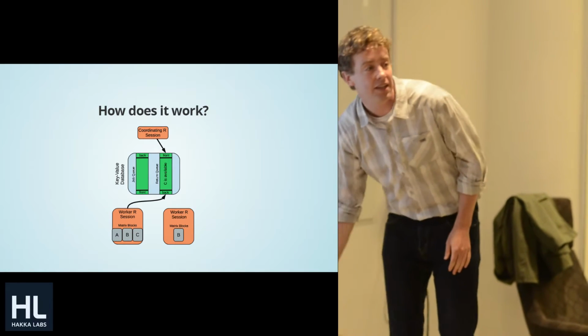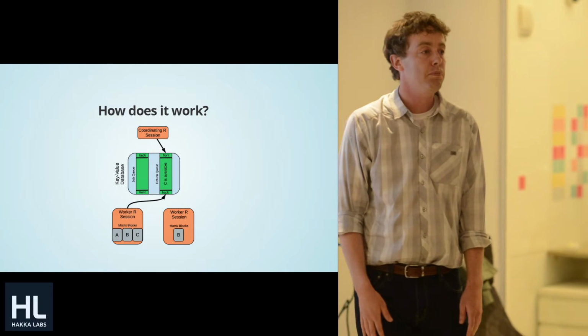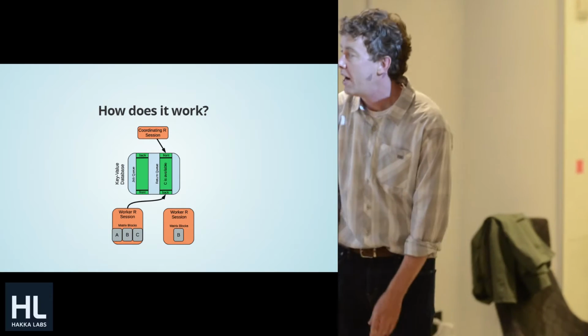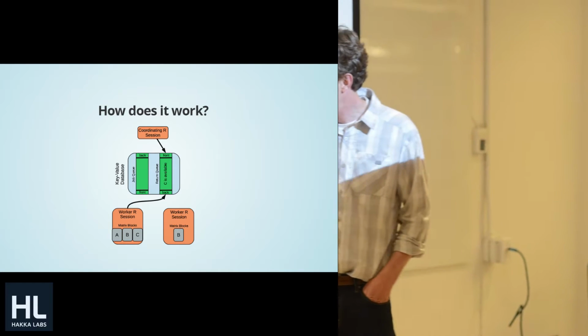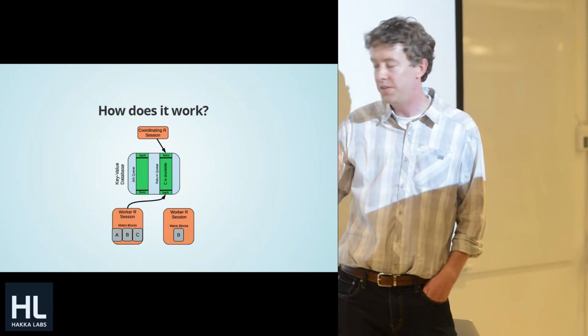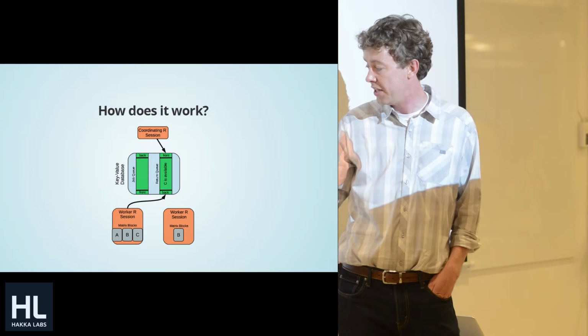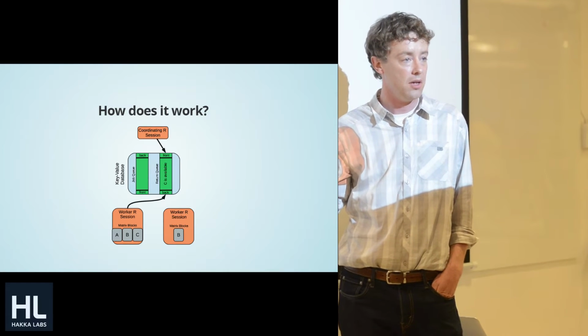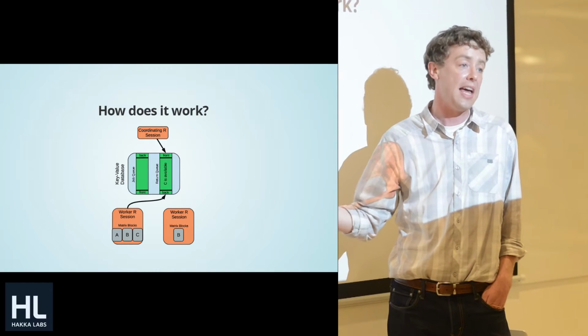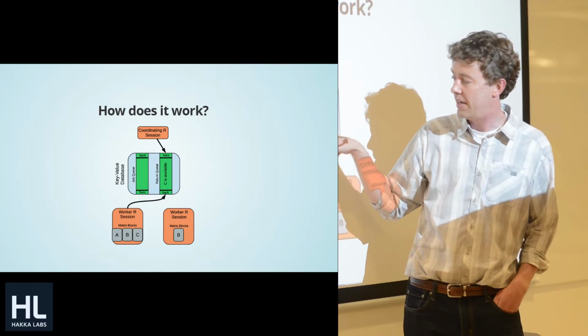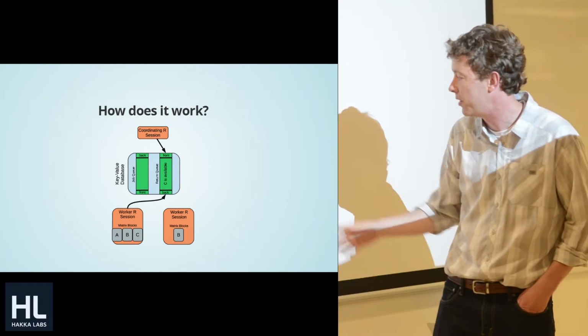How do you know where B is? How does A know where B is? So the way I'm doing it is each one of these resources listens on a queue with its resource name. So A listens on a queue in Redis called A. I kind of glossed over that. That's a good point, though.